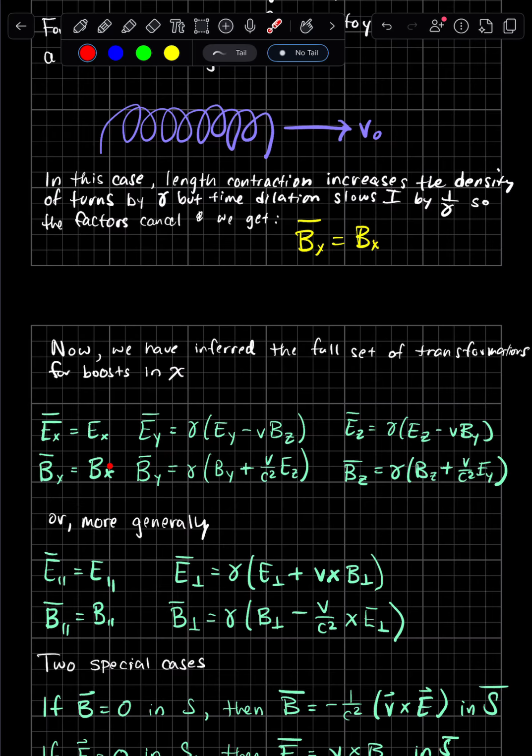And similarly, BY bar is gamma times (BY plus v over c squared EZ). And then EZ bar is going to be gamma times (EZ minus v BY), and BZ bar is going to be gamma times (BZ plus v over c squared EY). These are the equations that I want you to remember and be able to use.